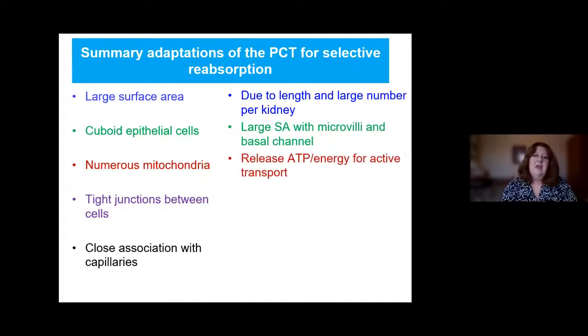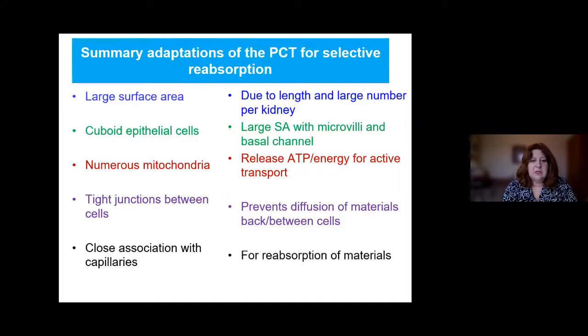The mitochondria are there in order to provide ATP for active transport. The tight junctions I mentioned prevent any diffusion, any backflow of substances.